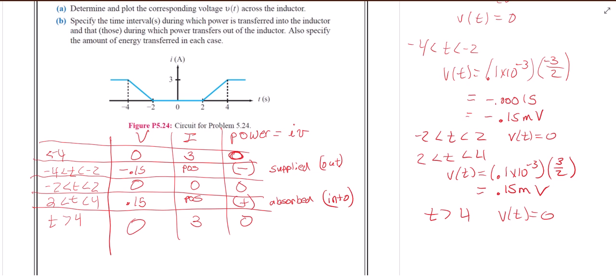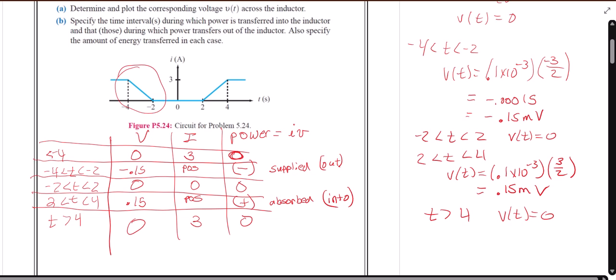Well, let's take a look at from -4 to -2. That's when power is being transferred out.